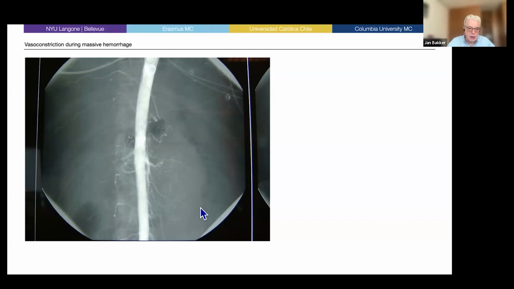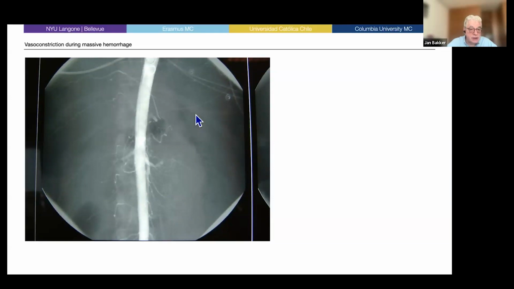This is a patient where we had severe intestinal GI bleeding, and we couldn't find the source. And so we went to the, this is a long time ago, so we went to the radiology and we did a scan with contrast.